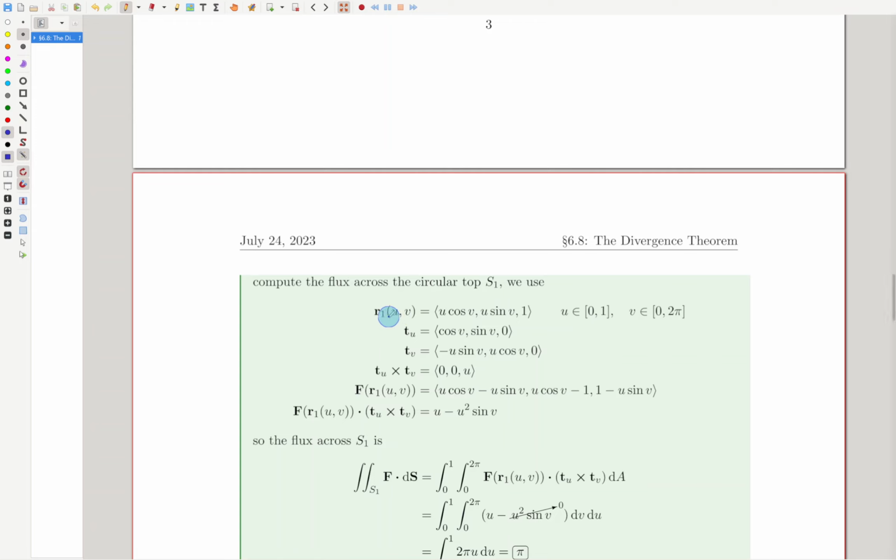So we can parameterize it using basically polar coordinates. Well, we then tack on the z coordinate, so maybe you can think of this as cylindrical. So u ends up being my radius, and then v is my theta, basically. So we end up getting this parameterization for the surface S1, the circle on top.